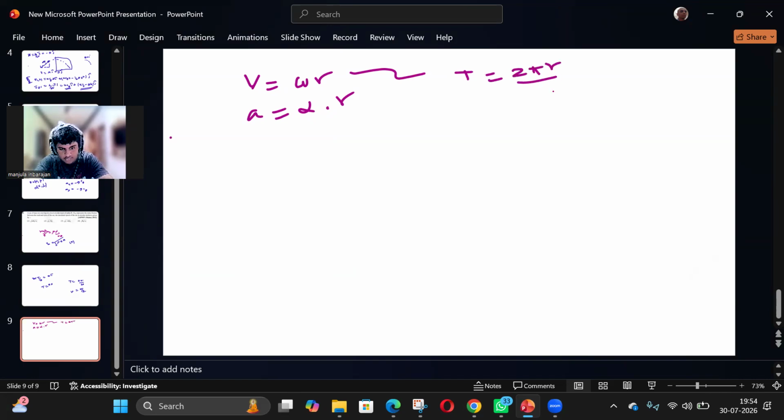It's 2 pi r by v, and it's also equal to 2 pi by omega. So from this I'll get this one. And from here to here, differentiate with respect to time, I'll get this one. Is it clear?